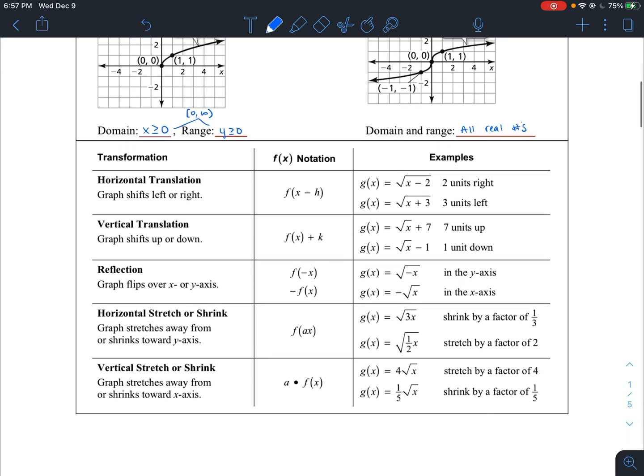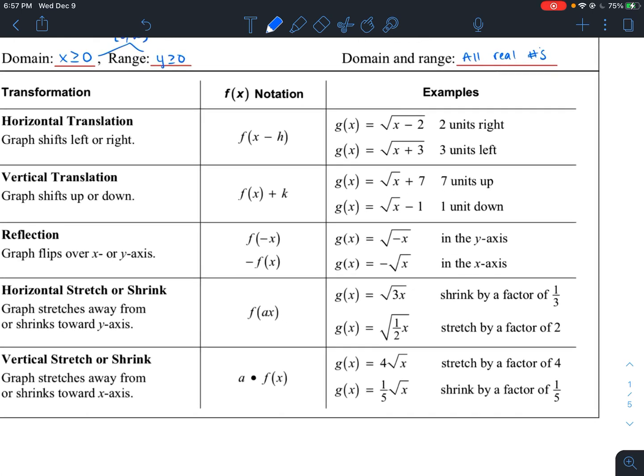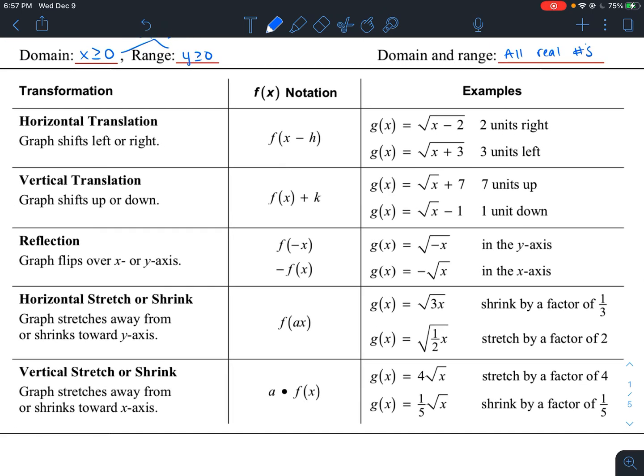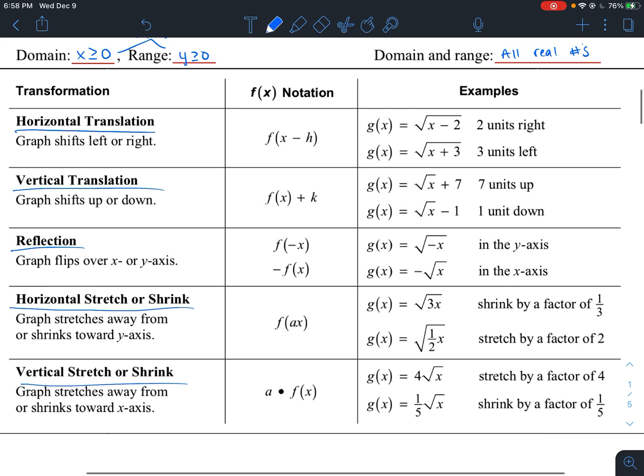And then, of course, just like any other graphing that we've done this year, we've also talked about transformations. So I think this chart should be nothing new for everybody in class. You should be pretty familiar with what a horizontal translation, vertical translation, reflection, and horizontal or vertical stretches and shrinks should look like. Okay.